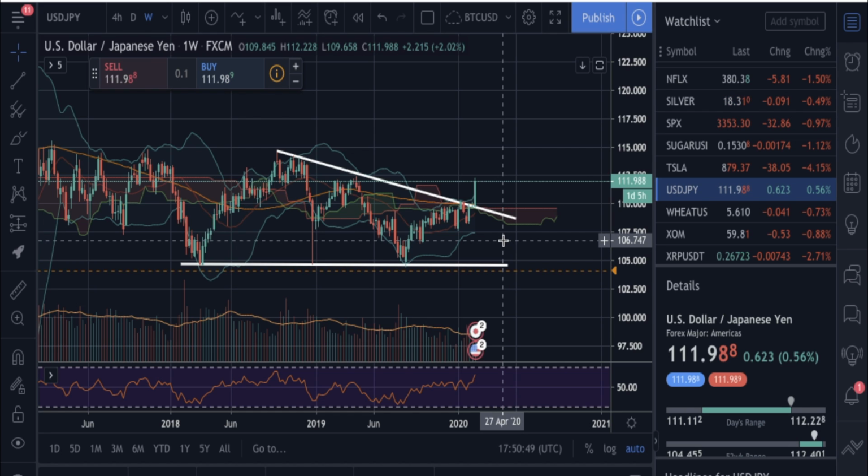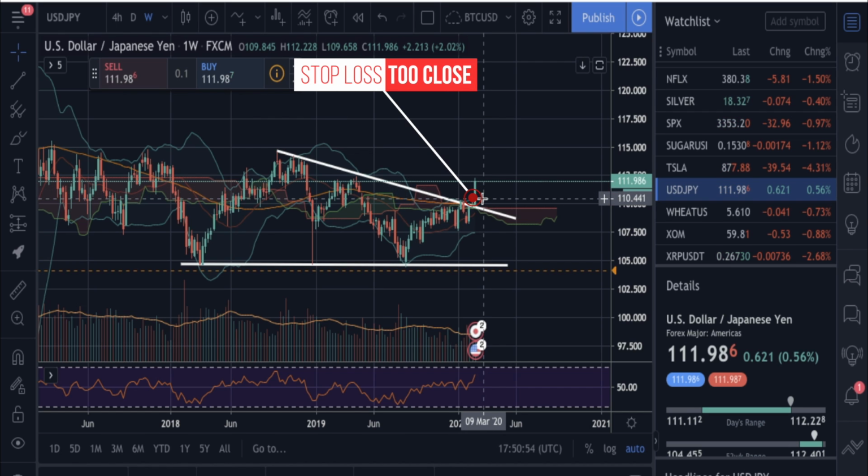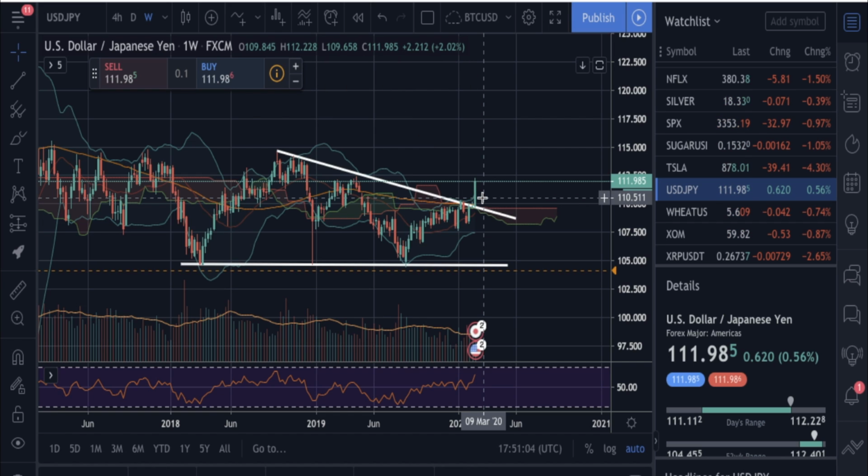There's not much point in setting it, let's say here or here, because you could well be right in your long trade, but still get taken out due to the minor fluctuations within the major trend.